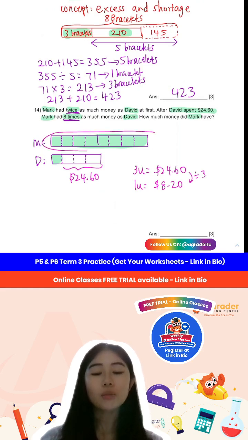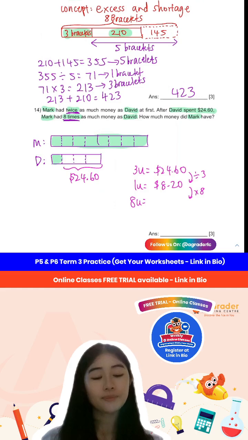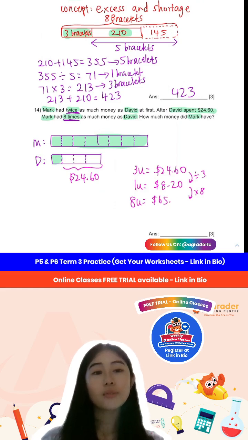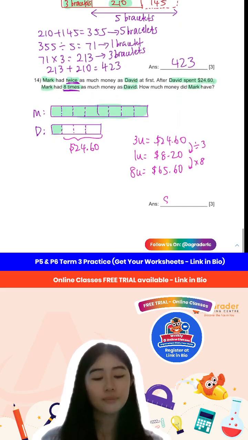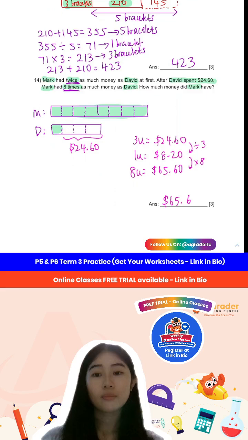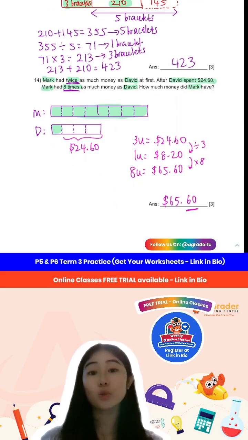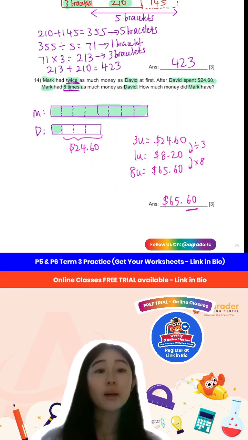If you look at Mark's model, Mark has 8 units, so we can find 8 units, then that's the answer. So 65.60 is your final answer. Now remember to put the dollar sign. Put the dollar sign and then remember that money must be 2 decimal places. So if you put 65.6, you will be marked wrong.